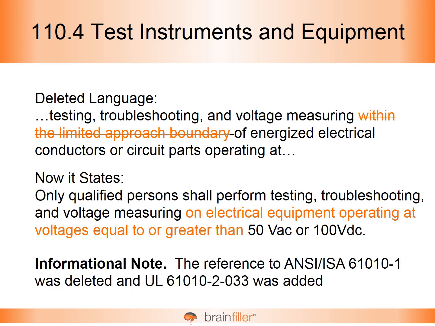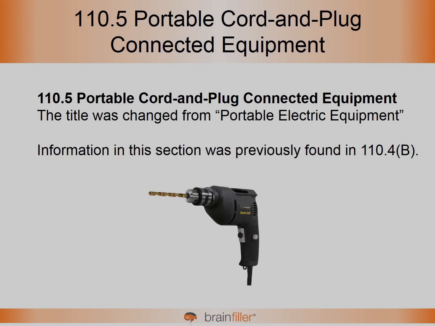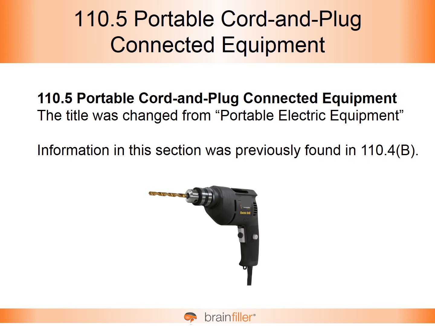And also an informational note, there was a reference to ANSI ISA 61010-1. That was deleted and replaced with a reference to UL 61010-2-033. 110.5, portable cord and plug connected equipment. The title was changed.